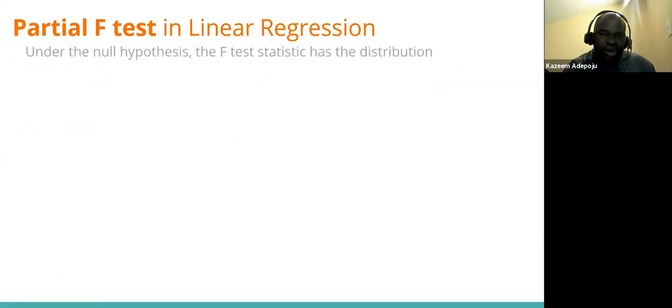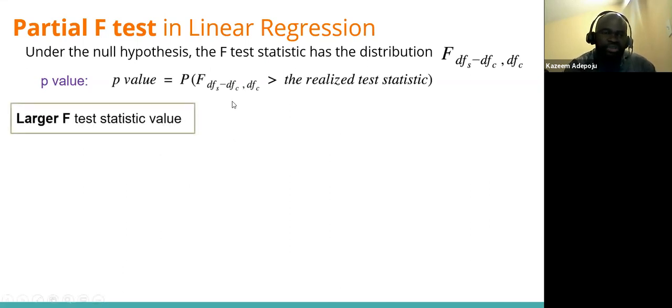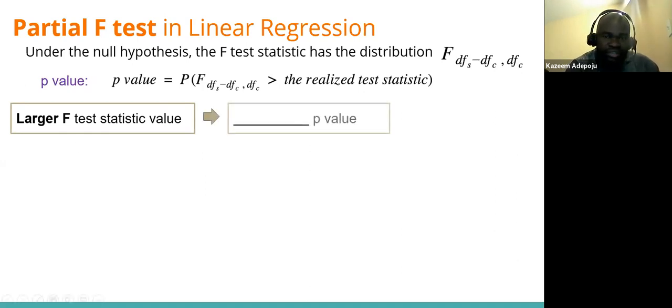So that was why we got this. The larger the F test statistic value, then the p-value is going to be smaller. Now let me tell you this: when the F statistic value is large, of course the p-value is going to be small. I can ask you that question in the exam. Take note of that.